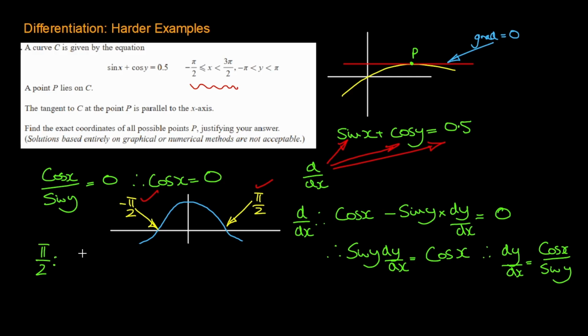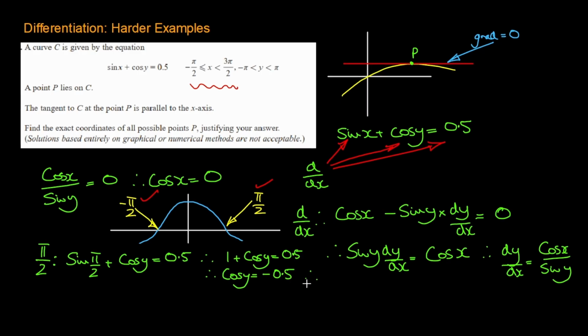We get sine pi by 2, our x value, plus cos y is equal to 0.5. Now the sine of pi by 2 is 1. So 1 plus cos y is equal to 0.5, and therefore cos y is equal to 0.5 minus 1, which is negative 0.5.